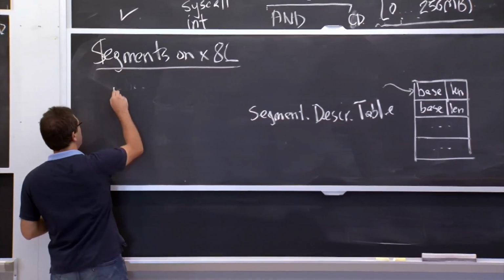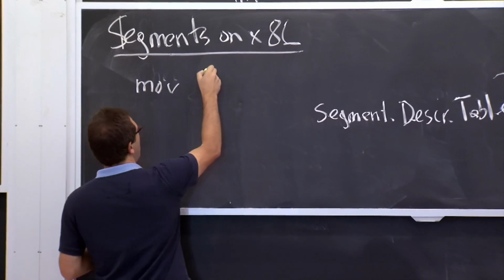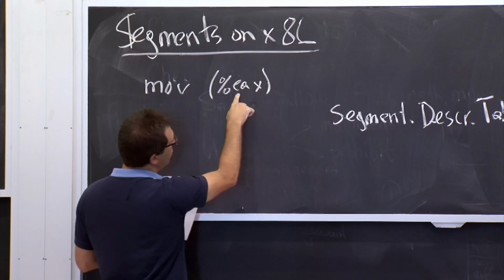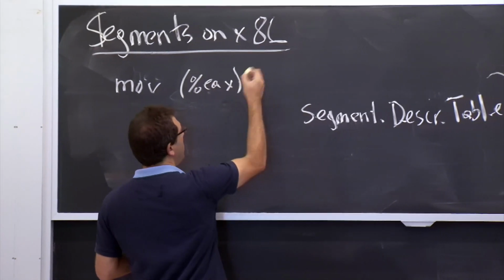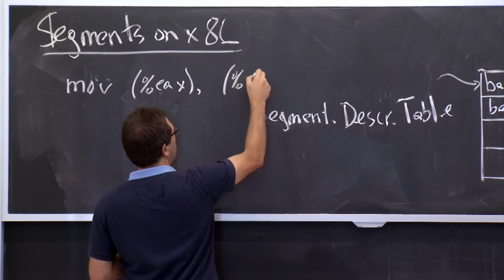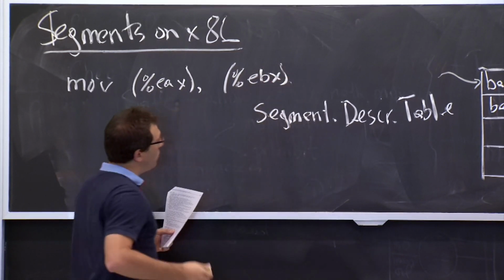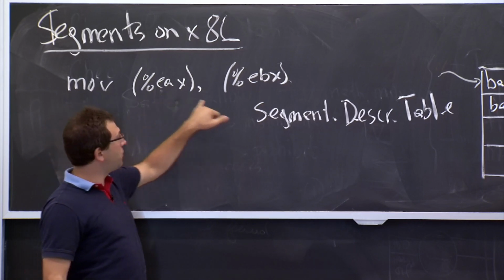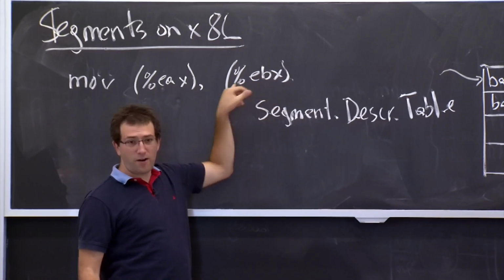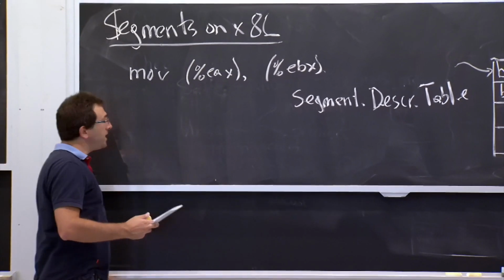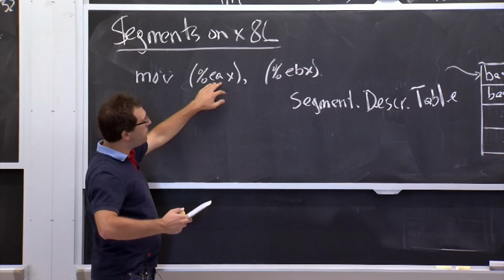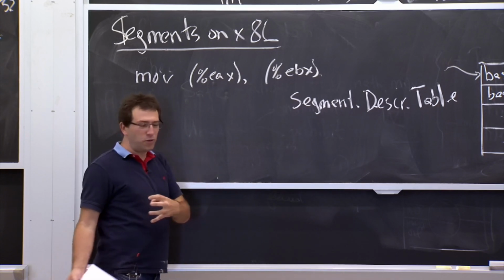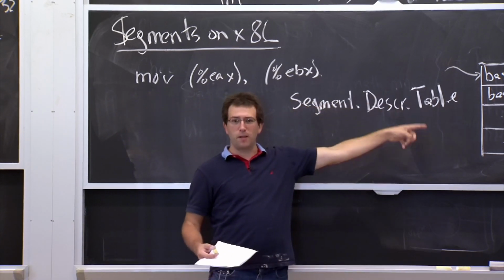So for example, when you do something like move a memory value from a pointer stored in the EAX register into maybe another pointer stored in the EBX register, what you would sort of think it does is it figures out what's this address, loads memory at this address, and then figures out what's this address, and stores the value there. But in fact, on x86, whenever you're talking about memory, there's an implicit what's called a segment descriptor, which is kind of like a file descriptor in Unix. It's just an index into this descriptor table.